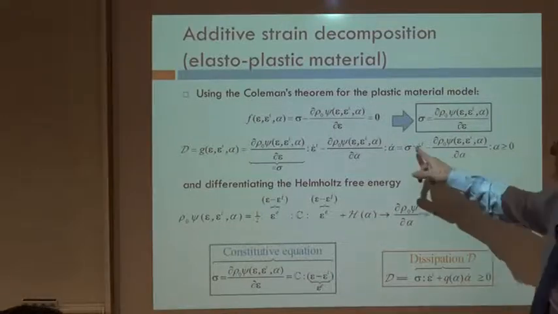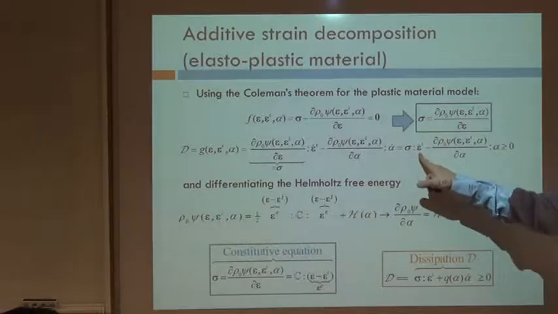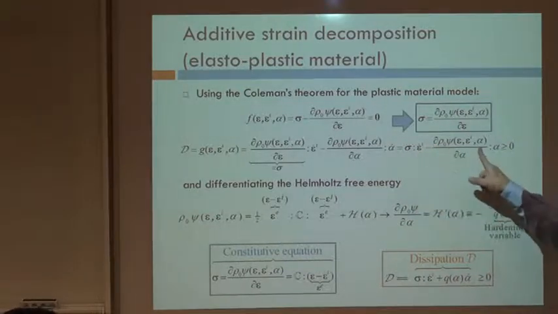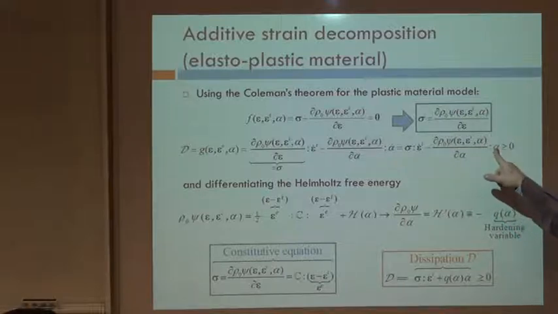The dissipation is the stress times the inelastic strain plus some additional term that multiplies the evolution of the internal variables alpha dot. Okay, so that is the model, the equation of the dissipation.